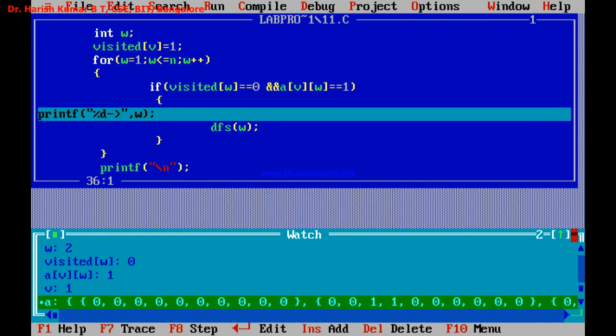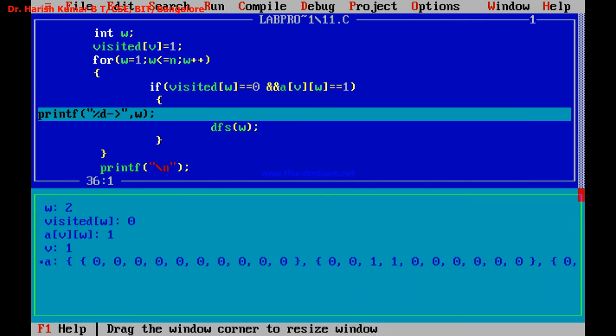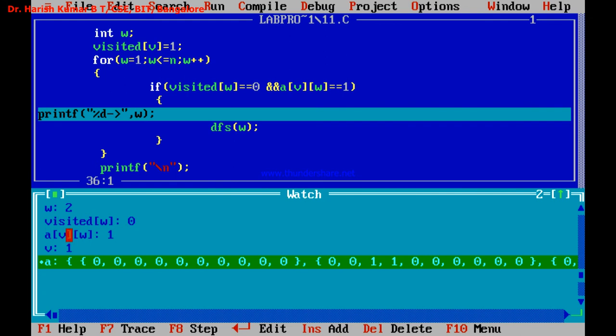Now you can see V is 1, W is 2, and A of 1 2 in the matrix is 1.